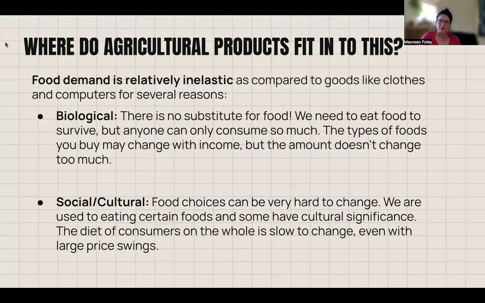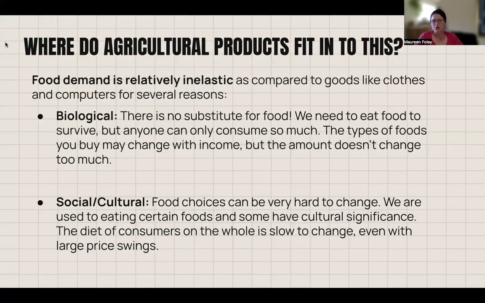There is such a thing as short-term elasticity, which is how much demand changes in the short term, versus long-term elasticity, so how much demand changes in the long term.